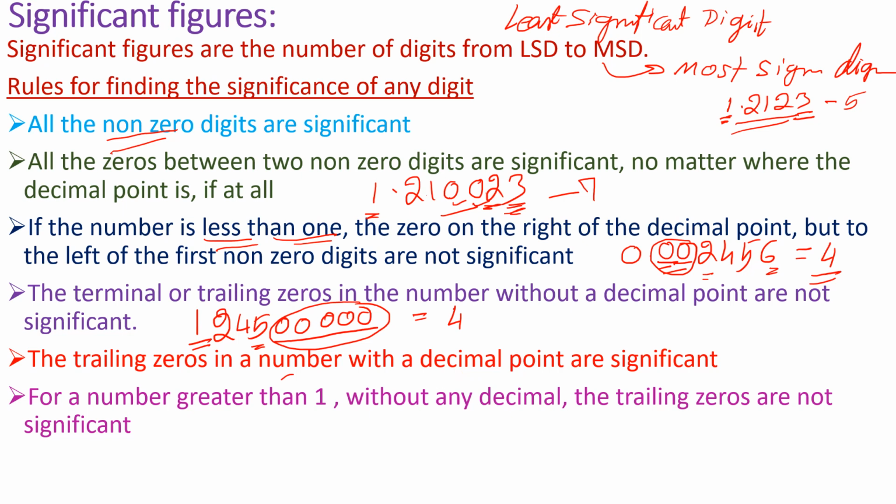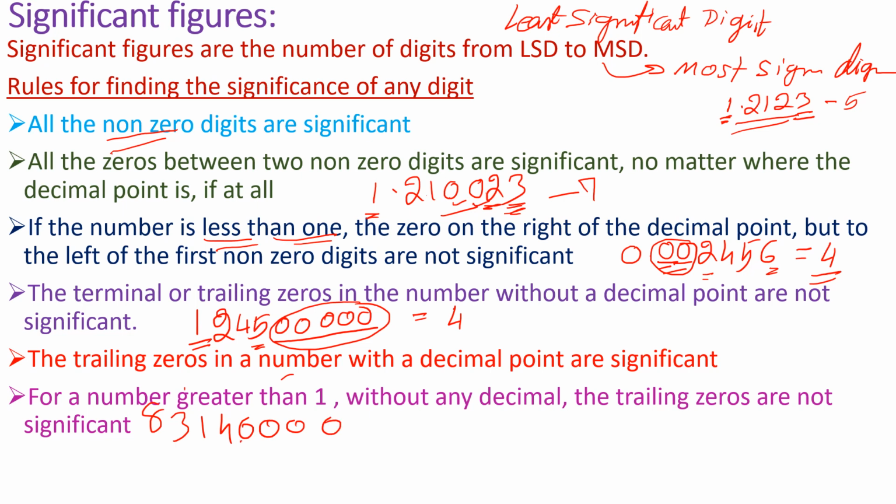For a number greater than 1 without any decimal point, the trailing zeros are not significant. If the number is greater than 1 but it has no decimal point, say for example 831400000.